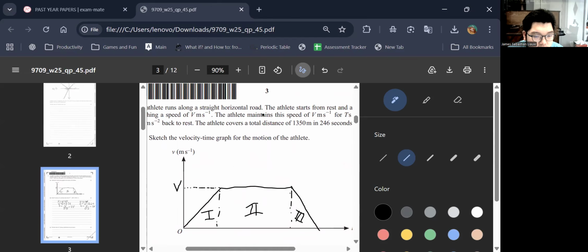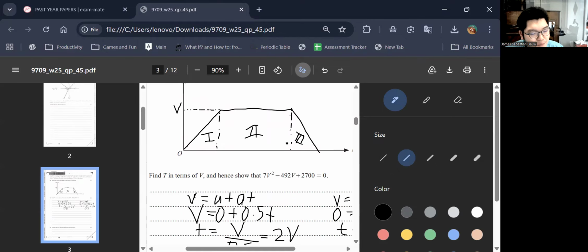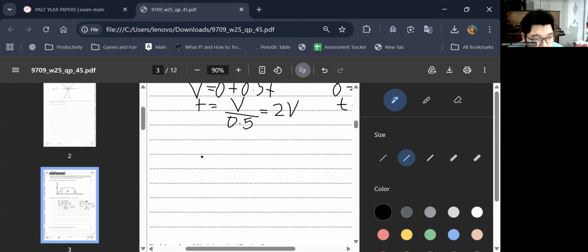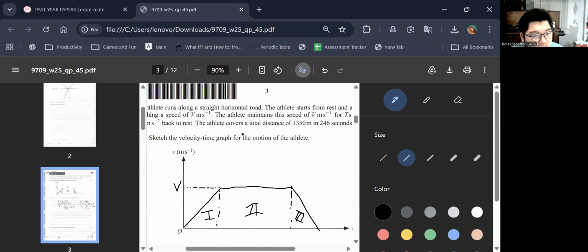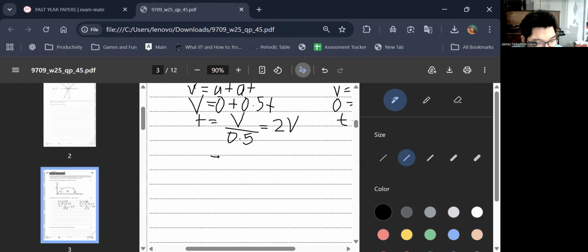and the athlete moves at a constant speed for capital T seconds. And the entire journey takes 246 seconds. Means that 7V plus T is equal to 246.